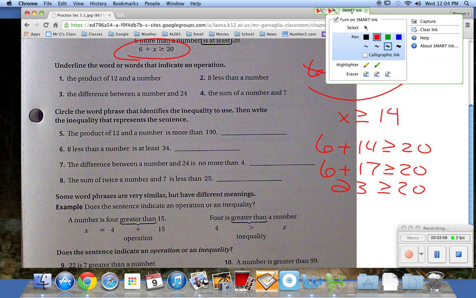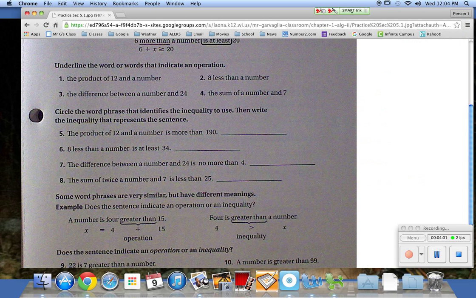Let me give you the one exception. You treat this like an equal sign except for one time, and that's when you do this. Let's say negative 2x is greater than or equal to 20. Notice that I'm multiplying by a negative number.